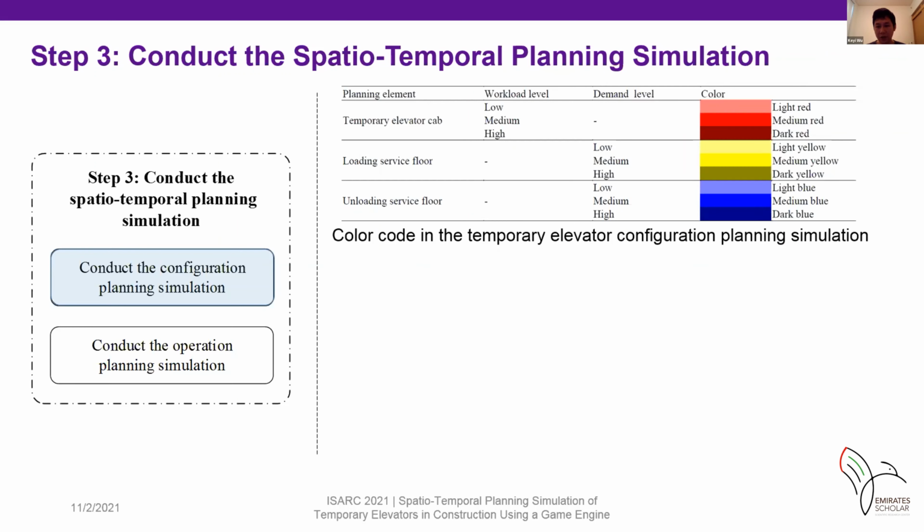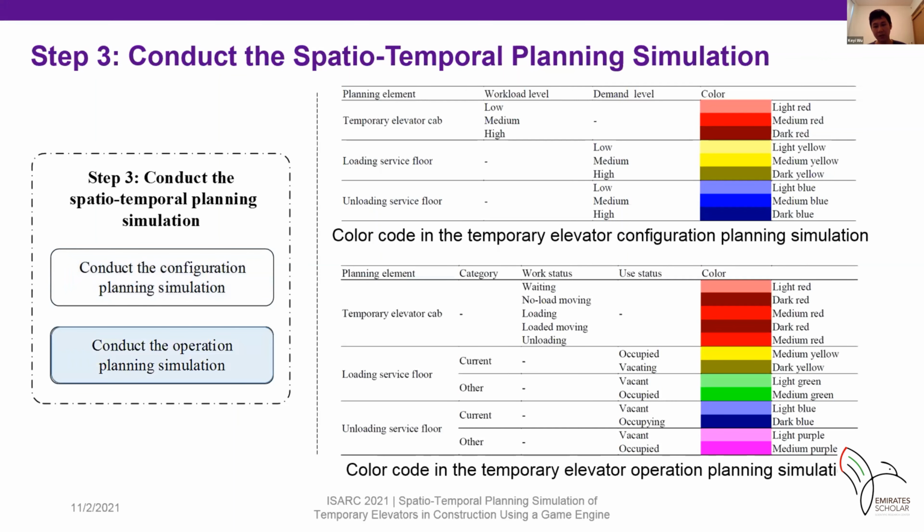In the configuration simulation, temporary cabs and loading and unloading service floors are marked with corresponding color hues and values according to their workload and demand levels. In the operation simulation, temporary cabs and loading and unloading service floors with current and other categories are marked with specific color hues and values according to their work or use statuses.